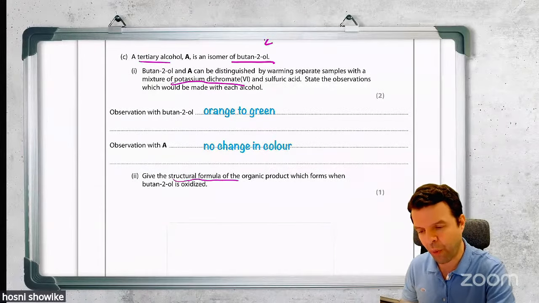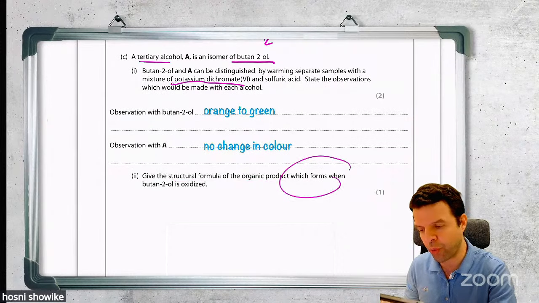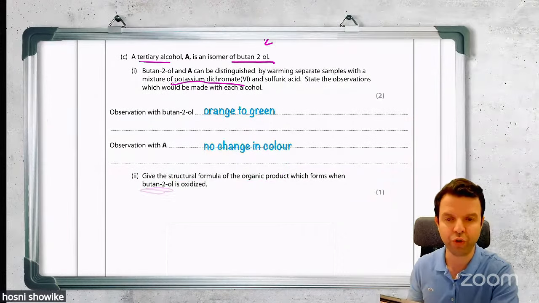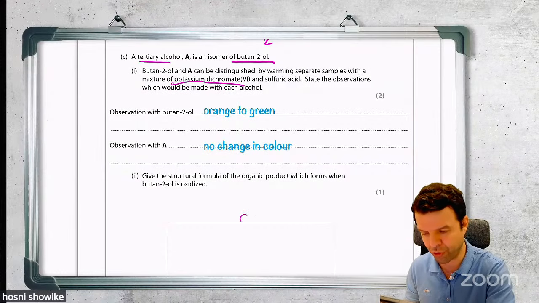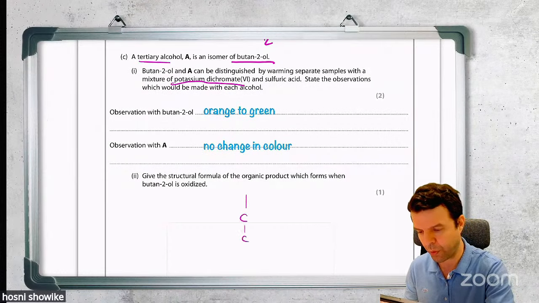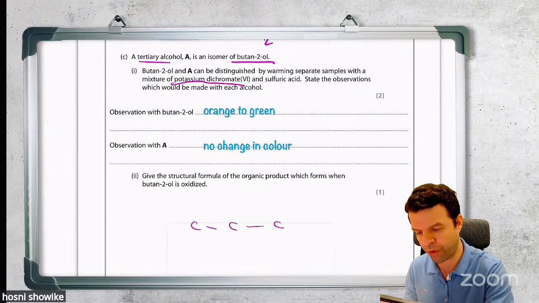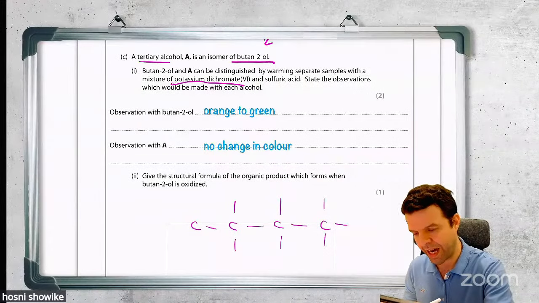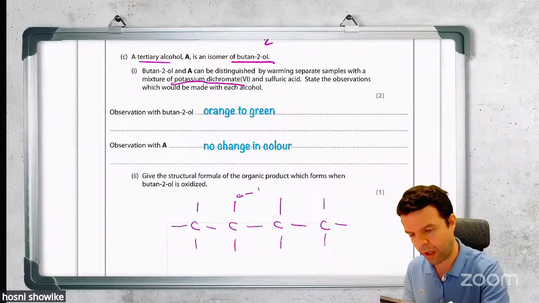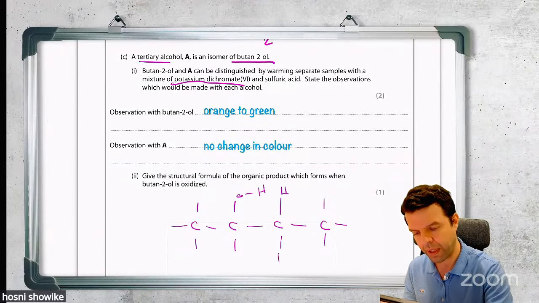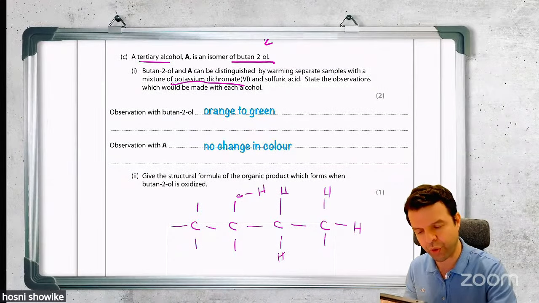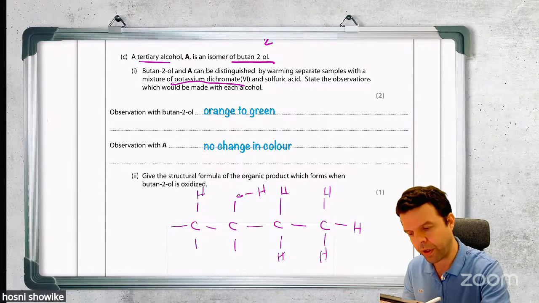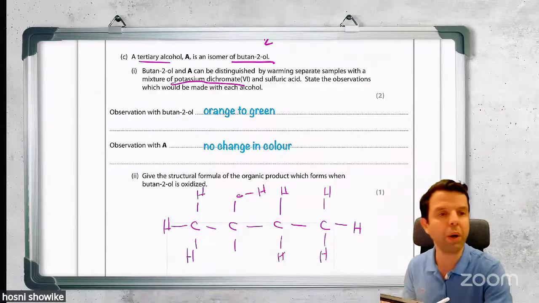Give the structure or formula of an organic compound which forms when this is getting oxidized. So once again, I'll just draw the organic compound here. Butan-2-ol, 2, 3, 4, butane. I have an OH here in the middle. And I'm going to get this one oxidized. Oxidation is all about what?